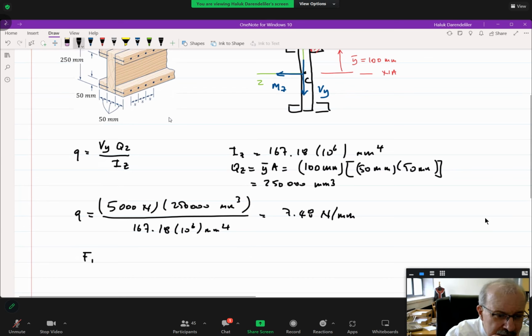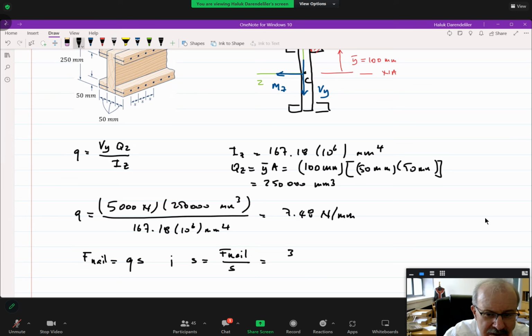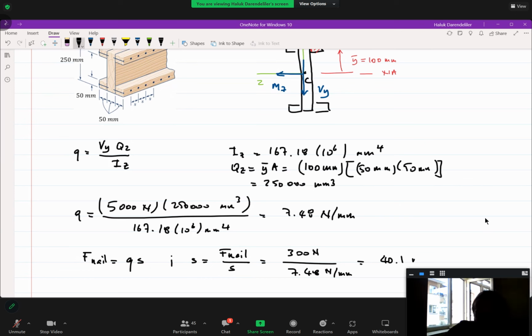The force in the nail is equal to the shear flow times the spacing, or the spacing is equal to the shear force carried by each nail over q. It is given that each nail can carry 300 newtons, and q is equal to 7.48 newtons per millimeter. Therefore, for this case, the spacing must be 40 point something millimeters.